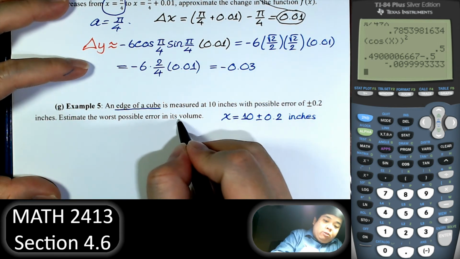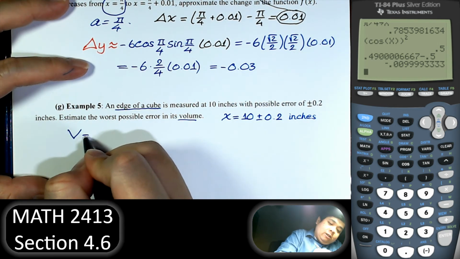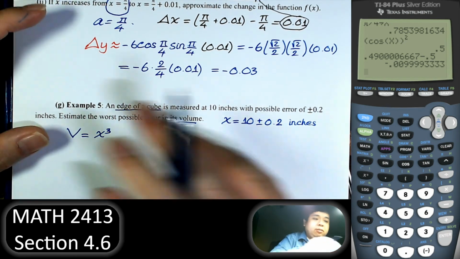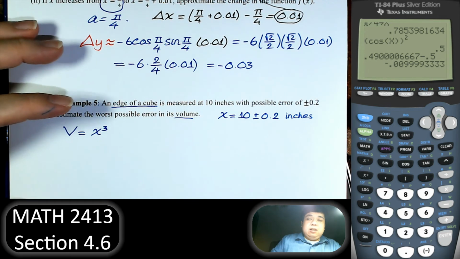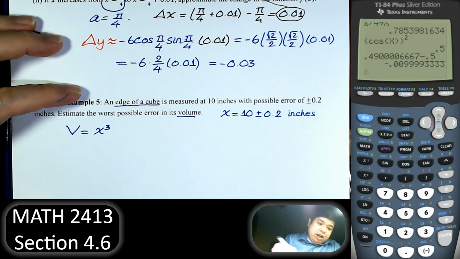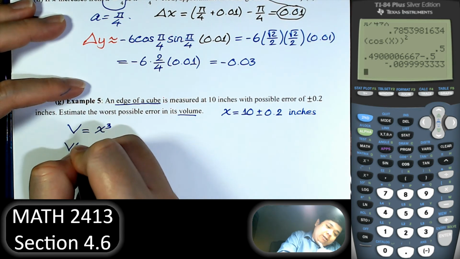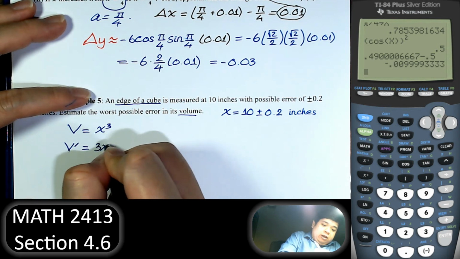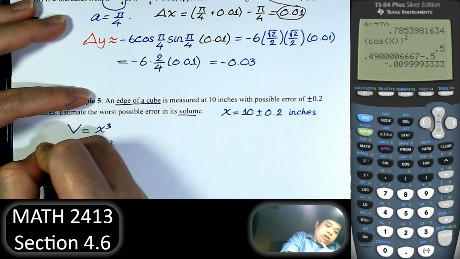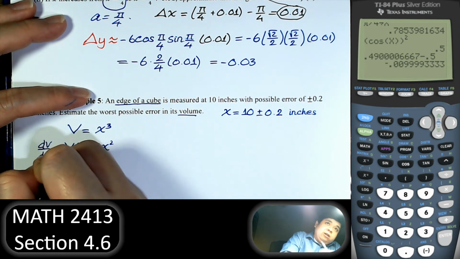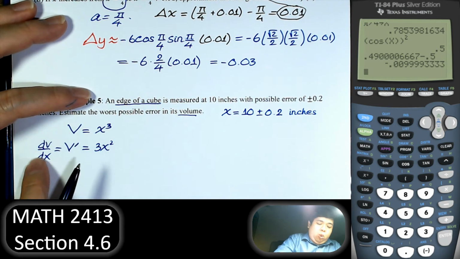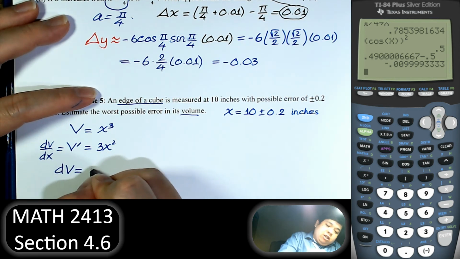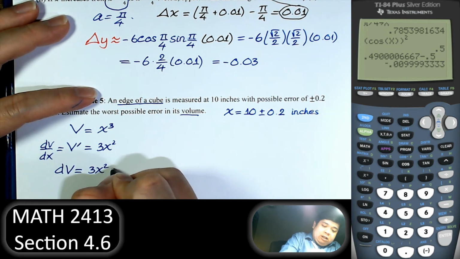By the way, the volume of a cube is x cubed. So if we take the derivative, 3x squared, the derivative can be written using that notation where we move the dx over. So dV is equal to 3x squared dx.